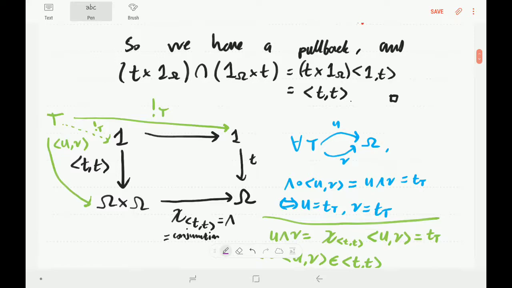So now we define the conjunction, or and operator, to be the classifying arrow of this monic t comma t.